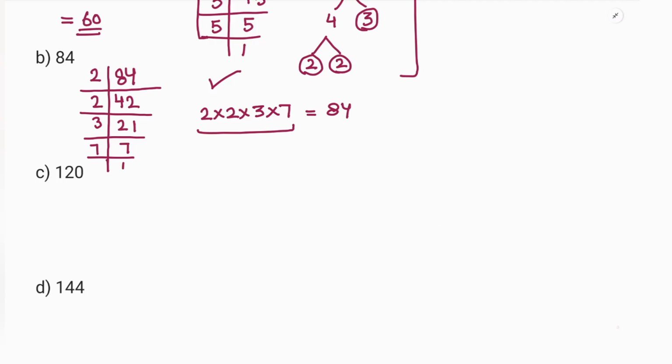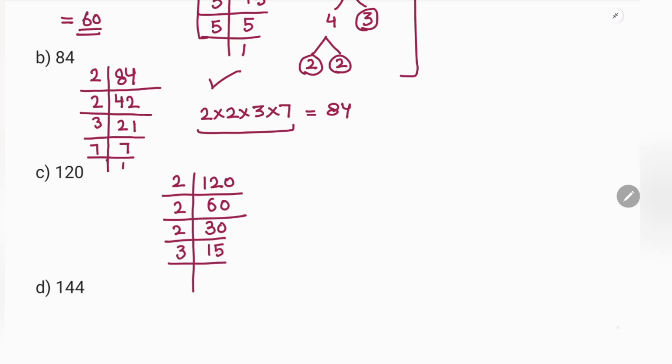Okay, and now we come to the next, 120. I will write 120 here. I will start with 2: 60, 2, 30. Are you getting it? I'm just dividing the numbers by 2 because I will keep dividing with 2 until I can. Now I will do with 3 because 15 is not divisible by 2.